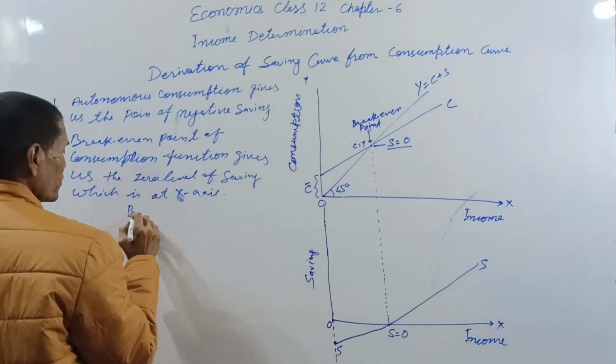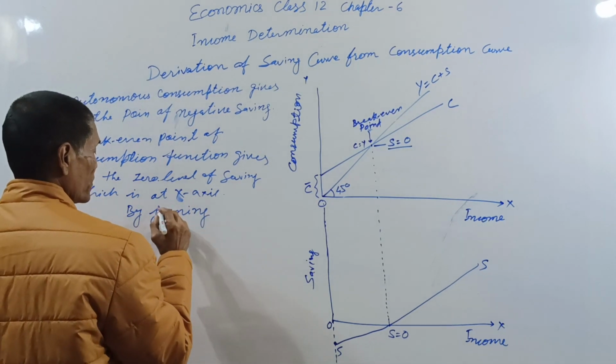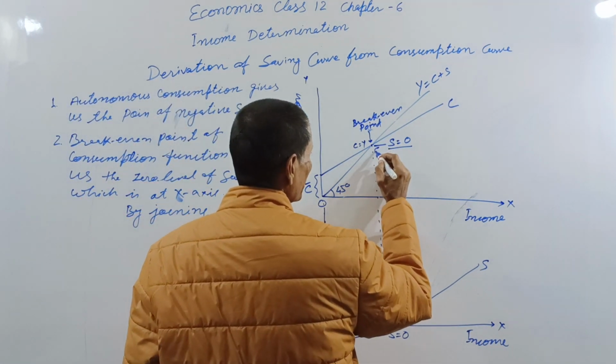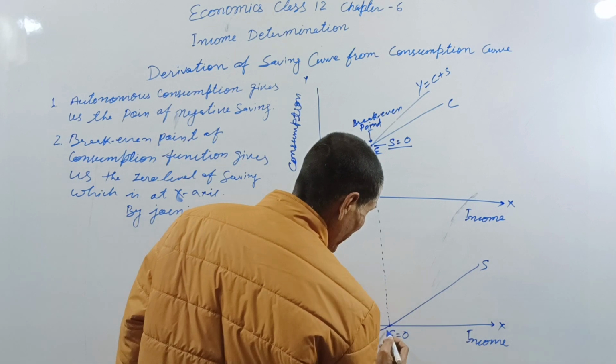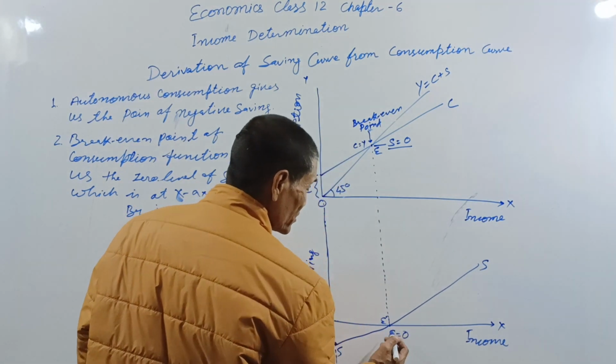By joining both the points, this point you can write here point E, and you can write down here this much also E dash.